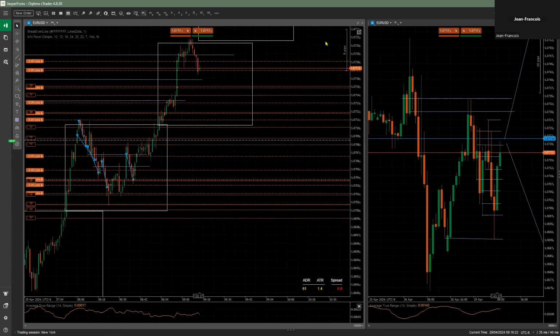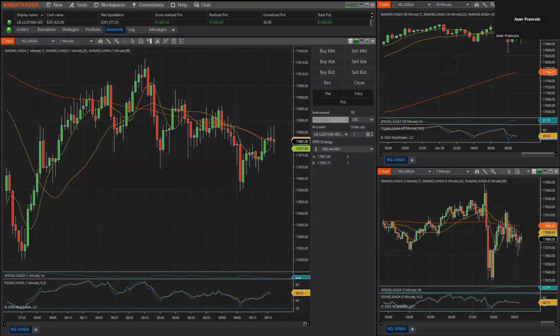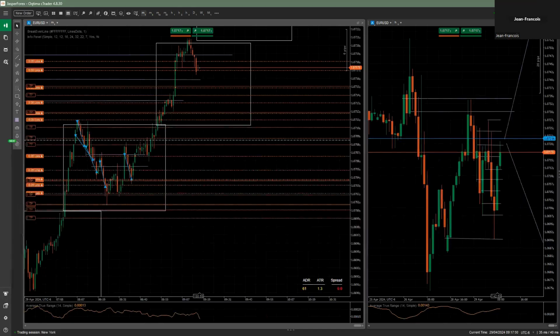I have tons of space. A little bit more. Come on. What's happening with NASDAQ? Still sideways. Nice. Not missing much over there.